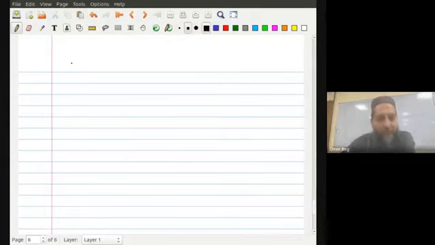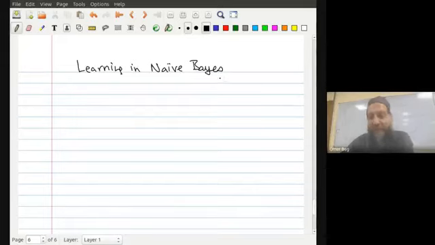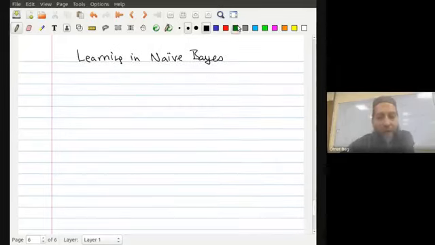So now we're getting into what the learning piece is in this naive Bayes algorithm. So, learning in naive Bayes, or learning the naive Bayes parameters. How are we going to learn the parameters? This is what happens.